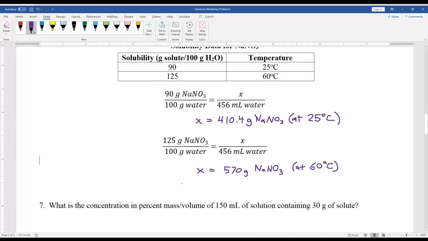Well, we know we need to get up to 570. So we can just take our 570 minus our 410. And that means to get a saturated solution, we would have to add at least 160 grams of sodium nitrate. Does that make sense?